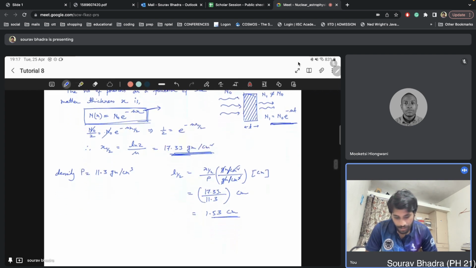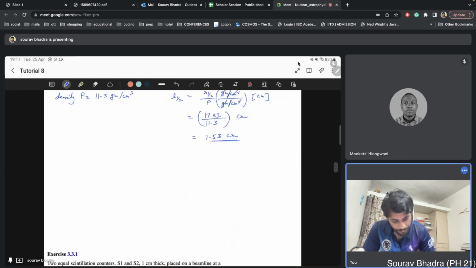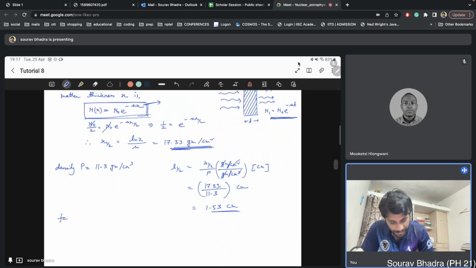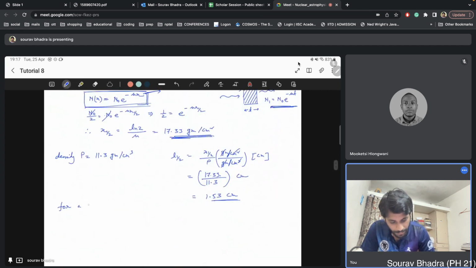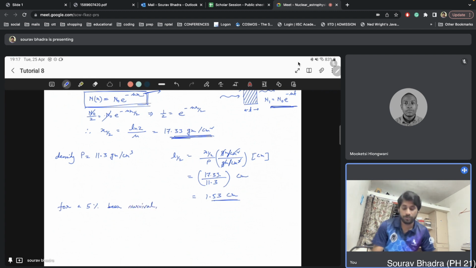Now again, for a 5% survival, so the second part of the question, what is the thickness to allow a 5% beam survival? So for a 5% beam survival, that means 90% have already been absorbed.